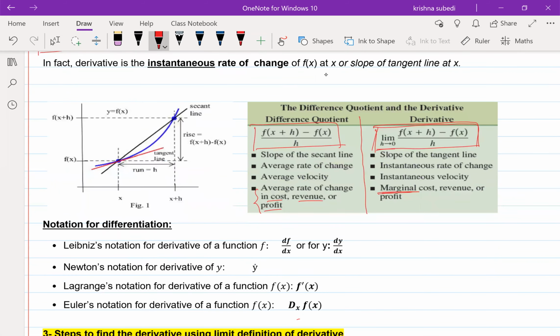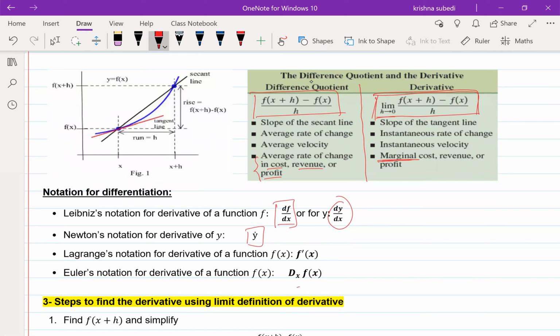The derivative has different notations. Leibniz notation for the derivative is df over dx, or dy over dx. Newton's notation for the derivative is y with a dot over it.